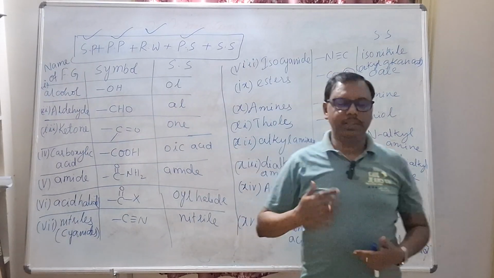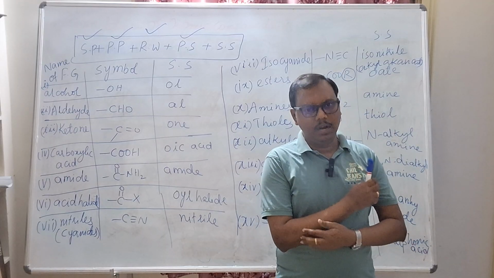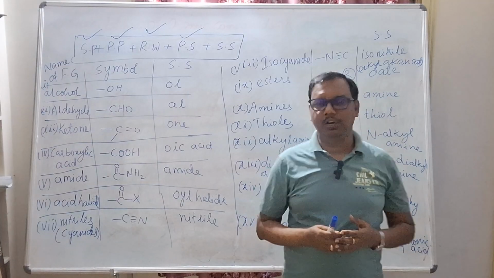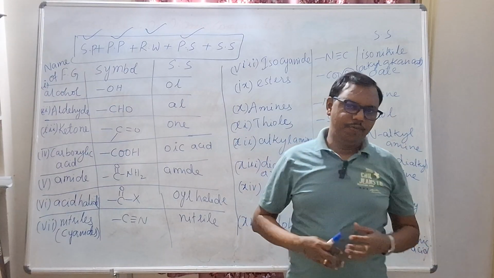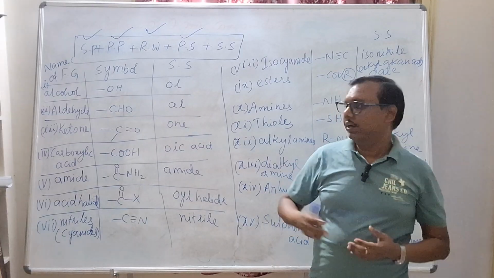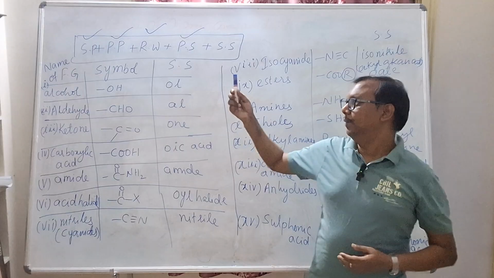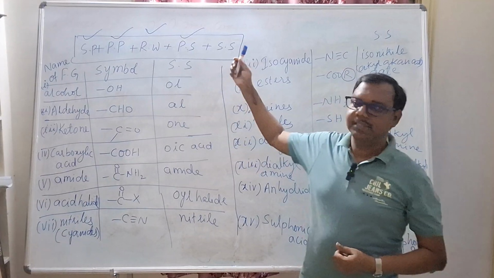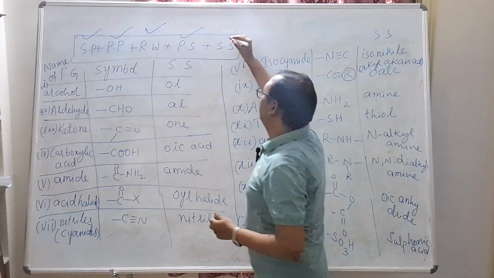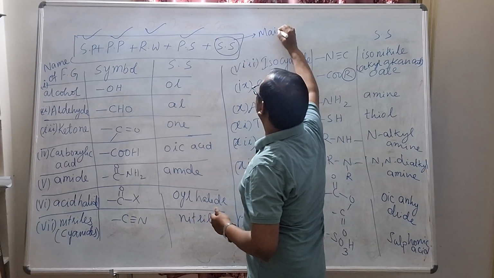If a compound contains more than one functional group, there is an order of priority. One is the main functional group, and the other is the substituent. The functional group taken as a substituent uses the secondary prefix. Whichever we take as the main functional group, we write as the secondary suffix. Are you getting? Here the secondary suffix means the main functional group.